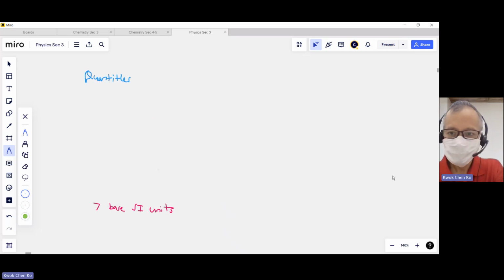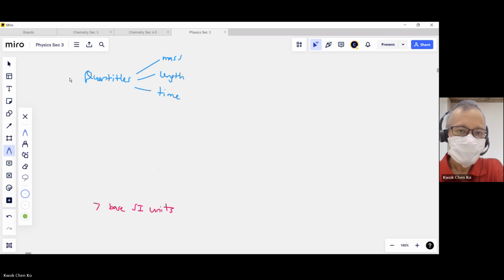Now, quantities are something you should be familiar with. Mass, length, time, and I shall again stick to the base quantities.